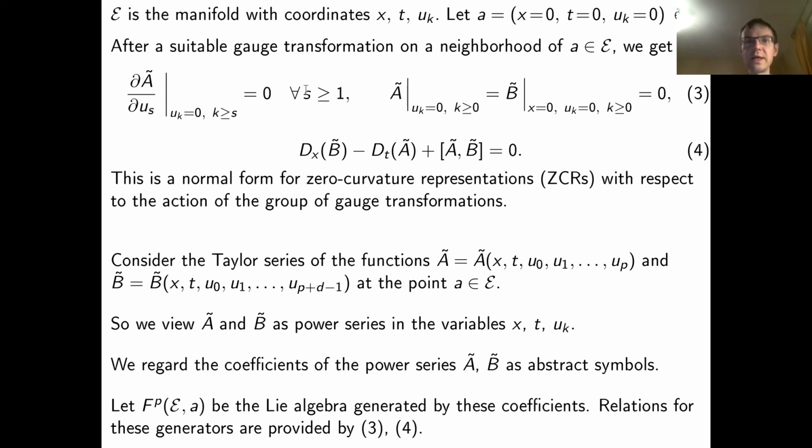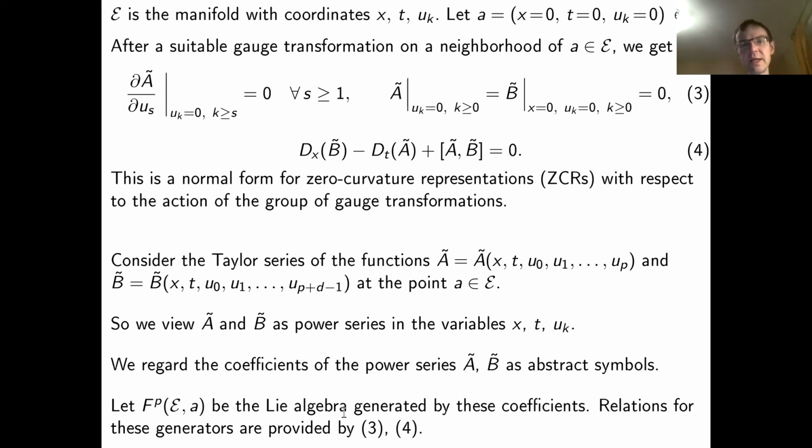Right. So we have this normal form of zero curvature representations. We consider Taylor series of the functions A tilde and B tilde. So we view A tilde and B tilde as power series in the variables x, t, u, k. We regard the coefficients of this power series as abstract symbols, and we introduce the following Lie algebra.